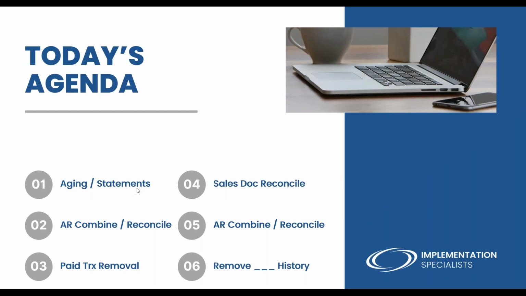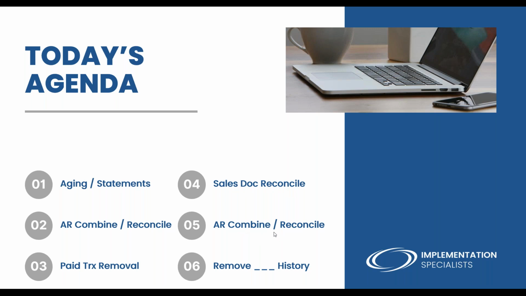So for the agenda, I'm going to cover a fair amount of the different routines and utilities. We'll talk through the aging routine, the statements, the AR combine and reconcile process, paid transaction removal, and then moreover on the utility side, sales doc reconcile, the AR combine and reconcile.